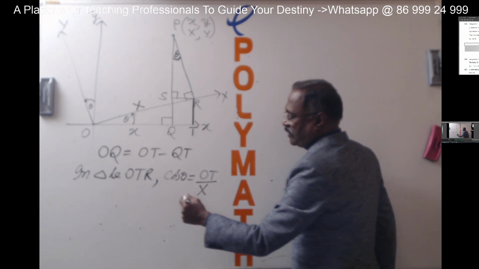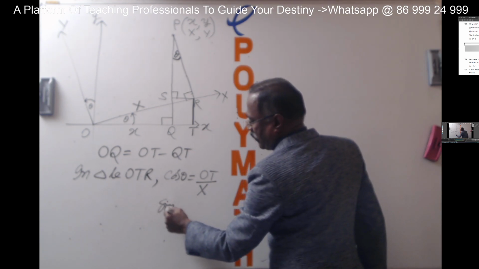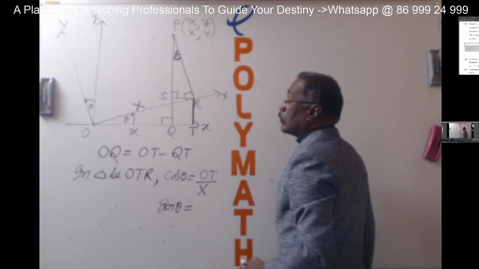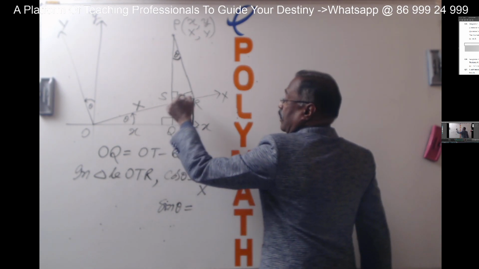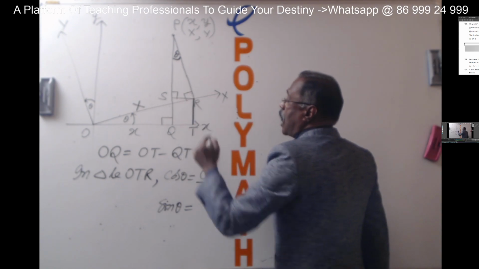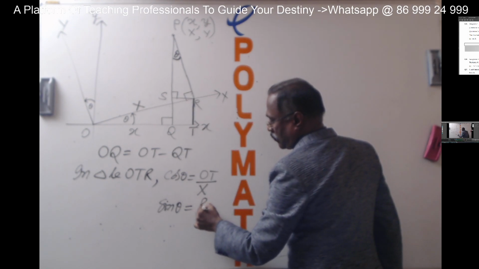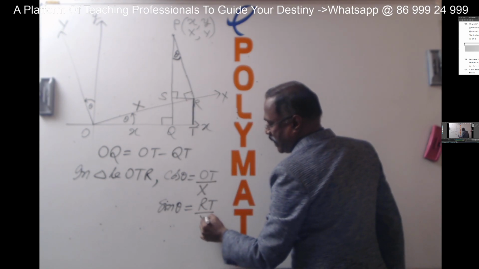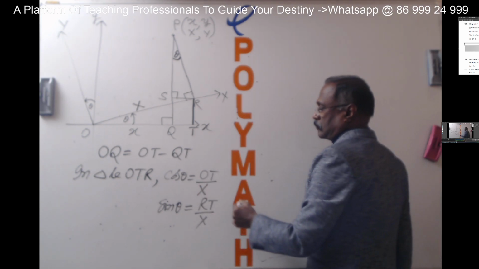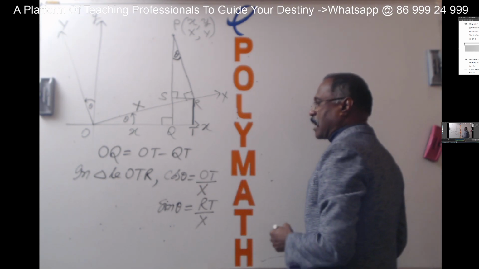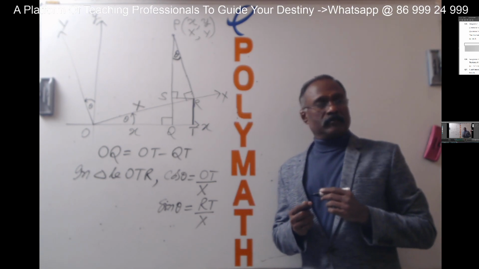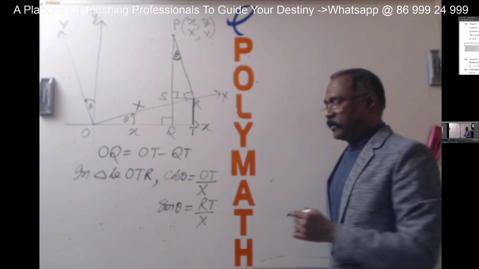And what is sin theta? Let us write this and keep it as it is. Sin theta is nothing but RT divided by X. You have to understand that, please.